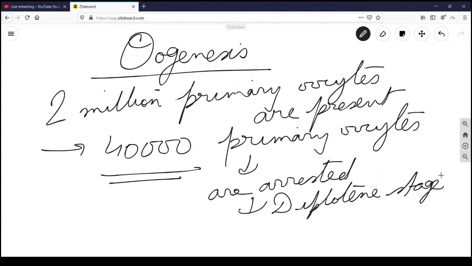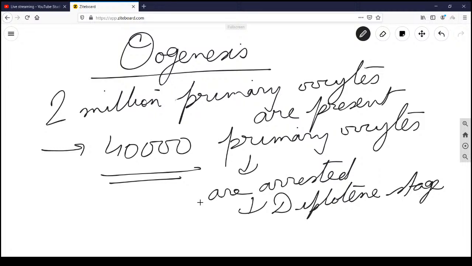Now, this is not the end of the story. From this number, approximately 40,000, if you have 400 menstrual cycles throughout your life, then approximately 400, that is one per menstrual cycle, are ovulated.